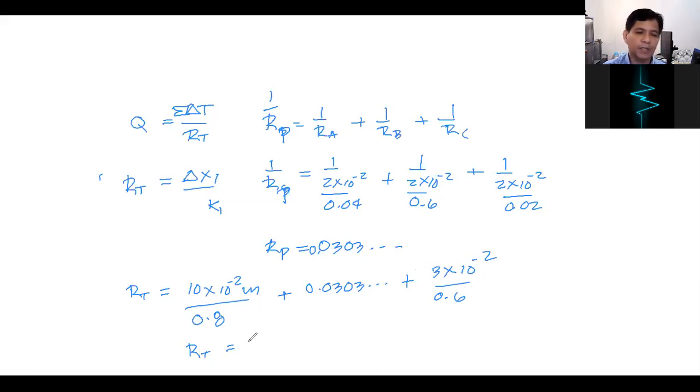So pag may R total na kayo, gamitin niyo lang yung first equation. Makukuha niyo na yung temperature, di ba? Okay. So I got something like 0.2053.